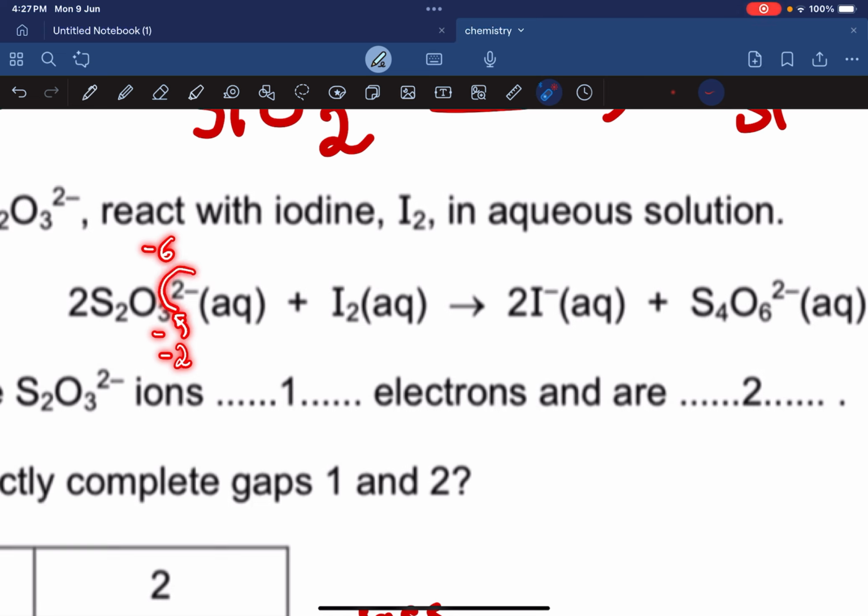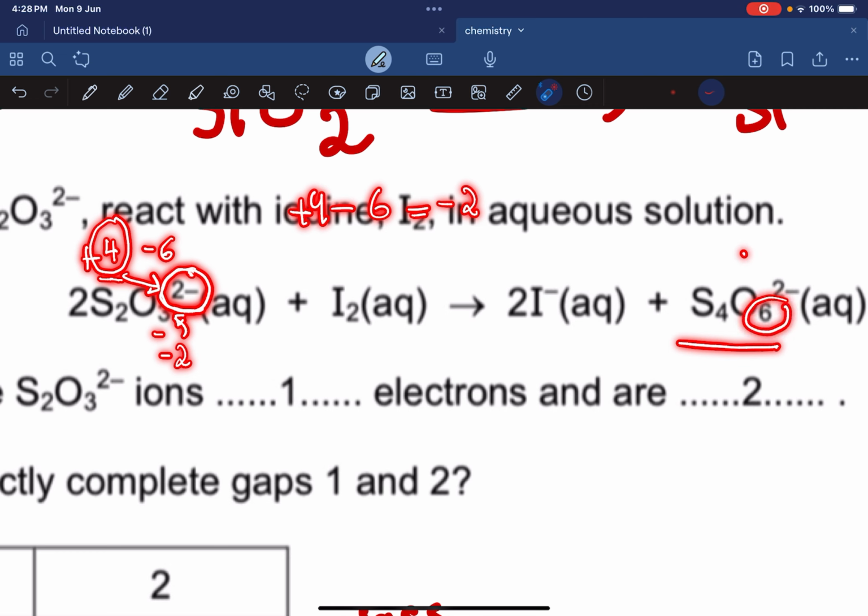But you have a 2 negative here, so you should have 2 more negative. So a +4 would do the job. +4 and -6 would give me a -2, and that's what I need. So there's a +4 over here, and over here it's 6 times -2.